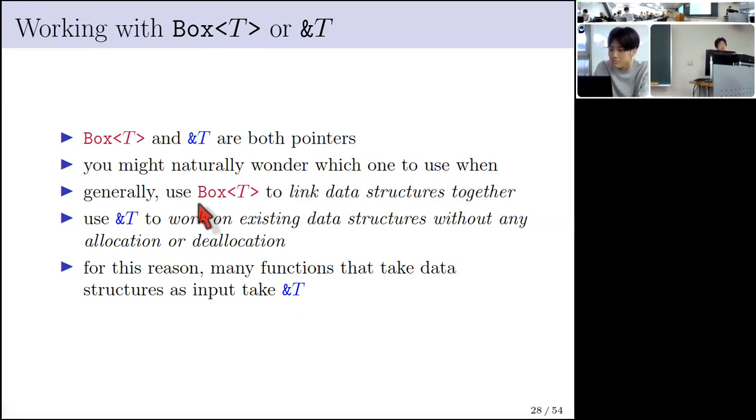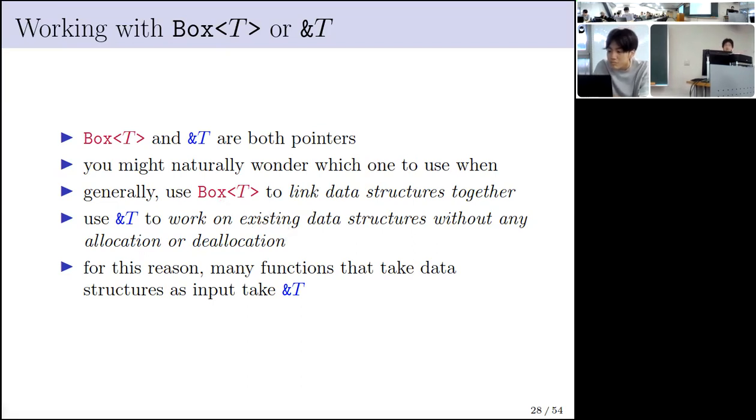It's difficult to describe in very short sentences the situation where you have to use Box T and the situation where you have to use &mut T. But generally speaking, Box T is the pointer that determines the lifetime of the data structure you are pointing to. So you typically use Box T to link data structures together.